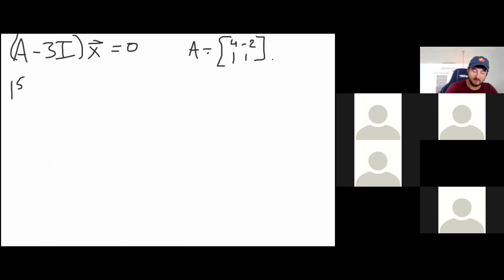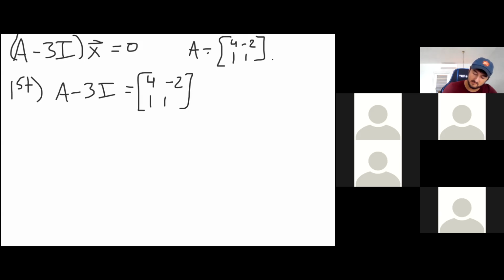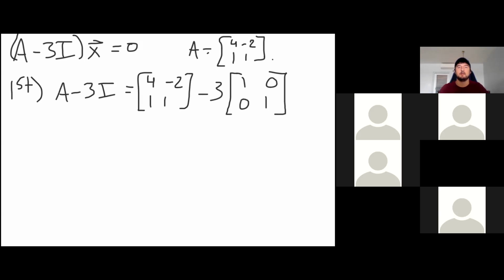So first things first, I need to figure out what A minus 3I looks like. Well, this is 4, -2, 1, 1, minus 3 times my identity matrix. I'm working with 2 by 2 matrices, so I can assume that my identity matrix is a 2 by 2 matrix, which means, again, ones all along the diagonal and zeros elsewhere.